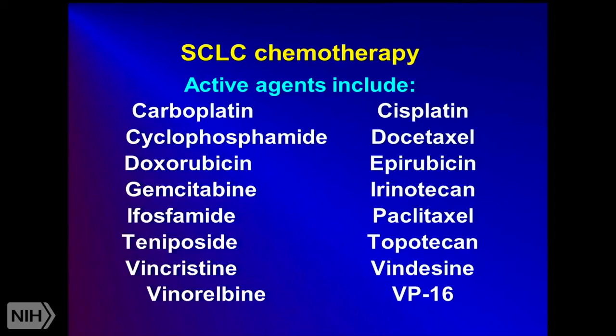So small cell lung cancer is very responsive to chemotherapeutics, and we see a wide variety of chemotherapeutics that are used, such as the platins, carboplatin, cisplatin, and then there's various entities, such as irinotecan, which is a topotecan analog.